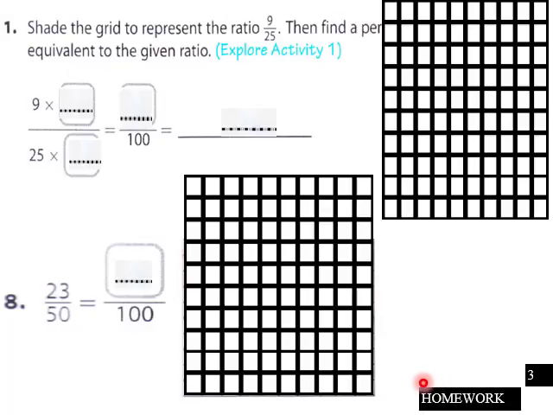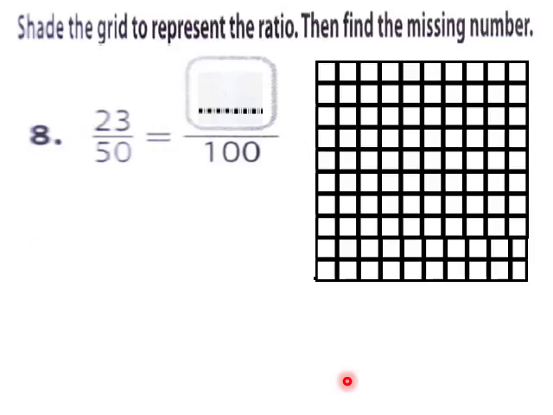Page 3 of your homework. This is the answer sheet. If you need more room, attach a sheet. 9 points. Shade the grid for this, and then shade the grid for this ratio here as well. Shade the grid here. Page 4 of your homework.